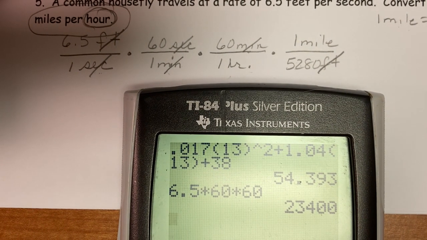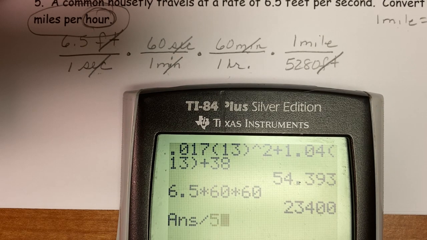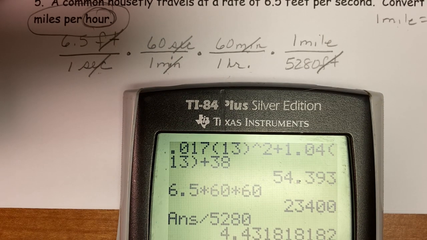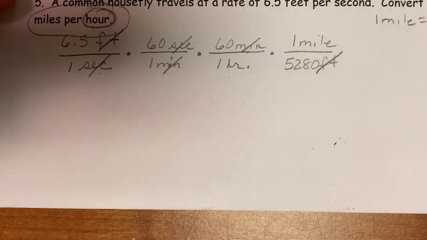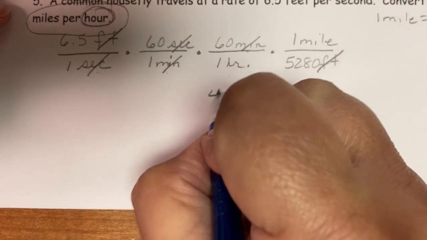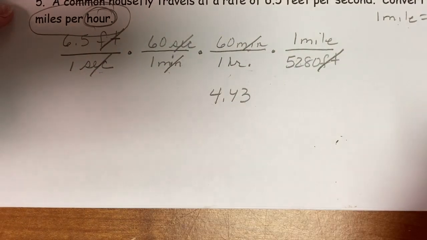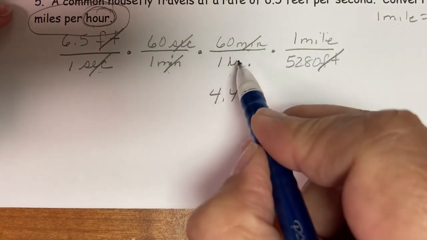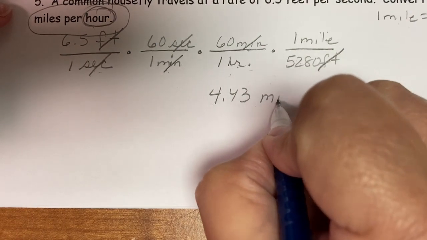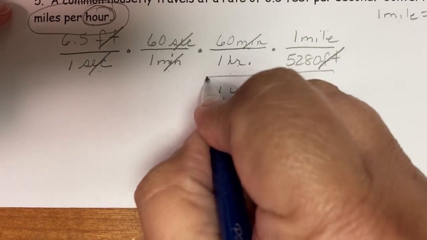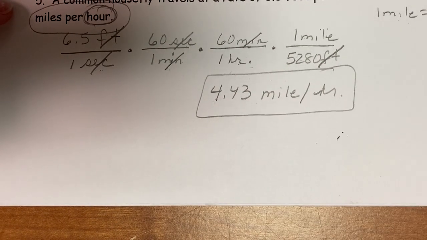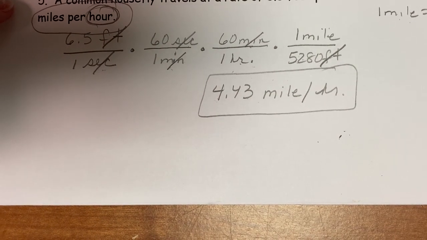Because it's on the bottom, I'm going to divide it by 5,280. And you can see I get approximately 4.43 if I go ahead and round it off. So 4.43 miles per hour. And that is the answer. So practice those in your homework.